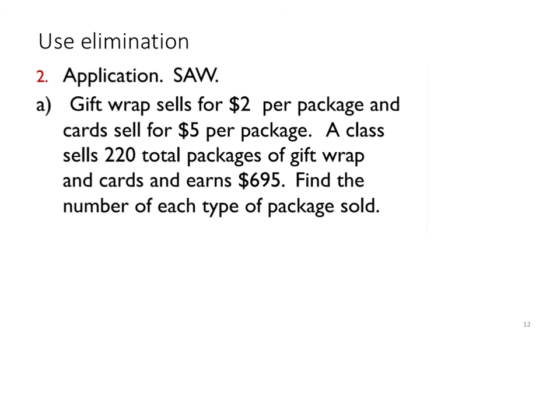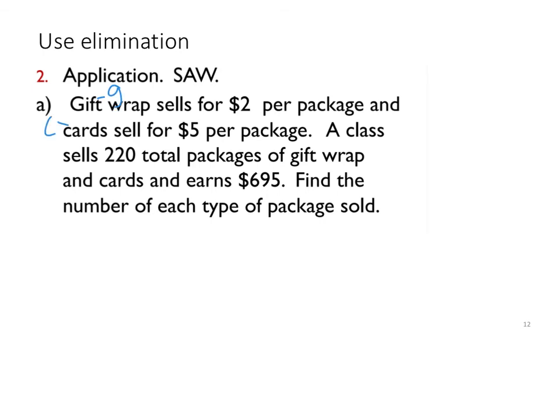Gift wrap sells for $2 per package, and cards sell for $5 per package. A class sells 220 total packages of gift wrap and cards and earns $695. Find the number of each package sold. So I'm going to use G for gift wrap, C for cards.